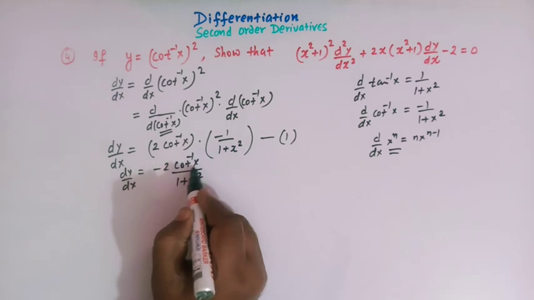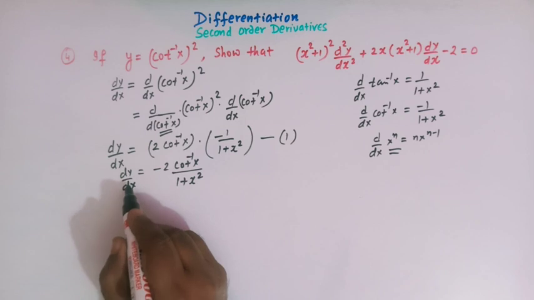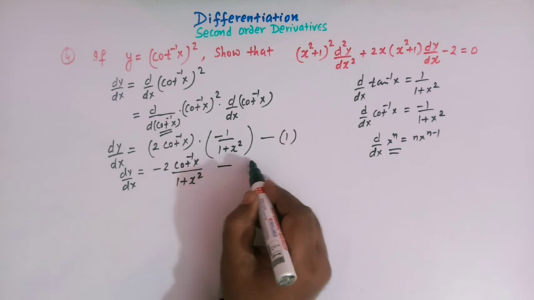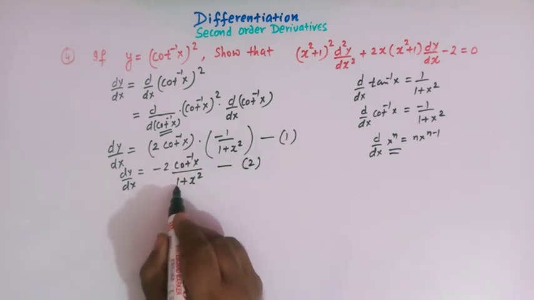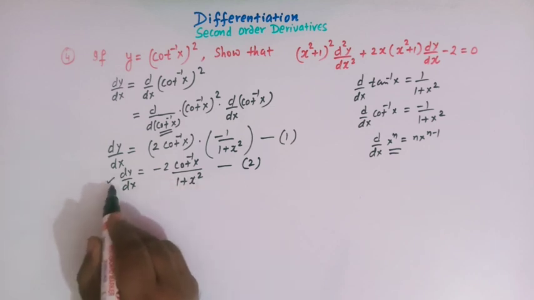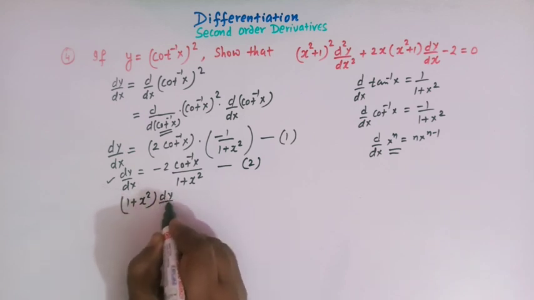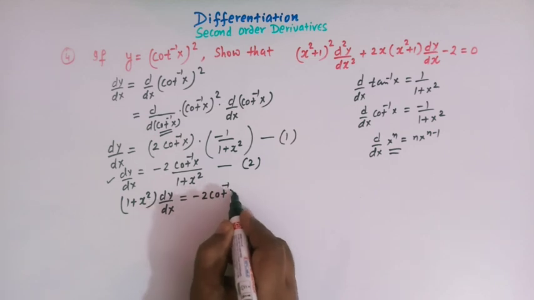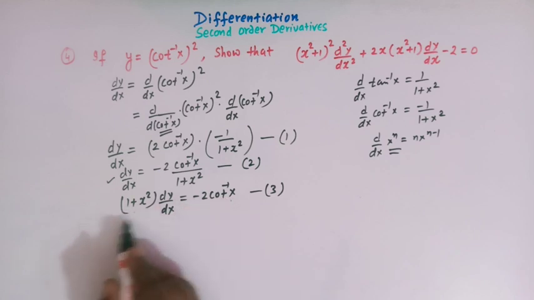This is the first function, this is the second function, and to get the second order derivative we would have to make use of the quotient rule. But here we will not use the quotient rule. What we will do is take 1 plus x square to this side. So we now have 1 plus x square times dy over dx equals minus 2 cot inverse x. Now we can differentiate both sides with respect to x.